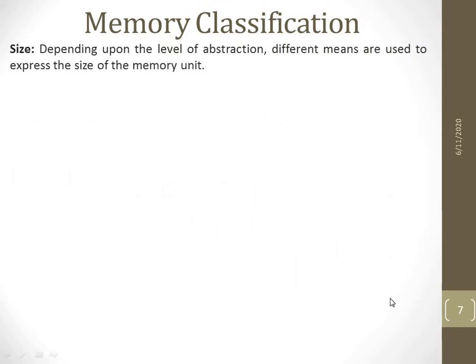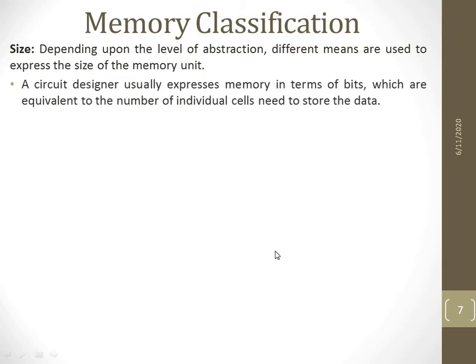This memory classification is done based on size and some other factors, which I am going to discuss now. Based on size, depending upon the level of abstraction, different means are used to express the size of the memory unit.